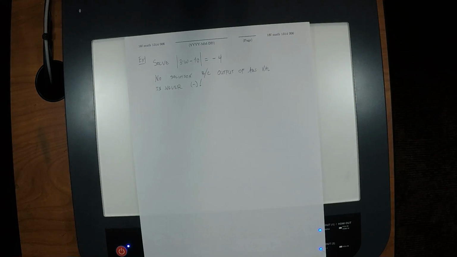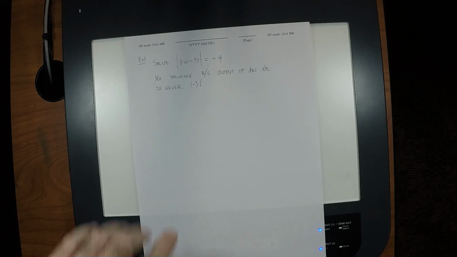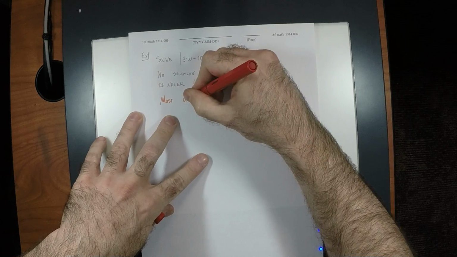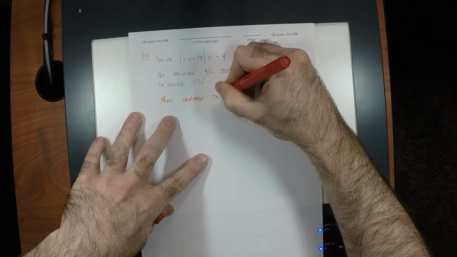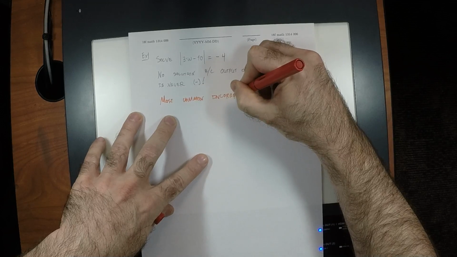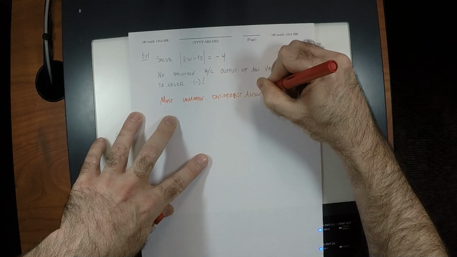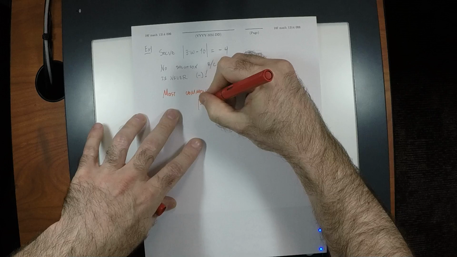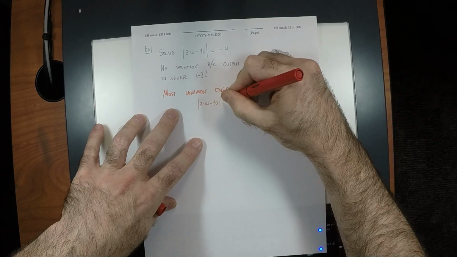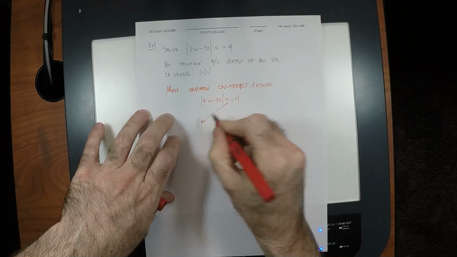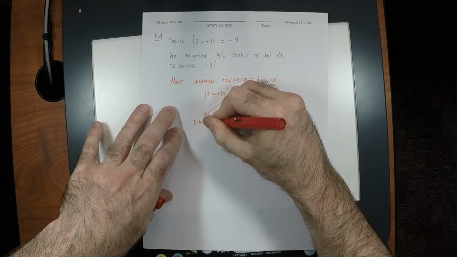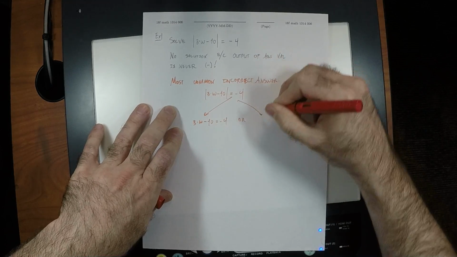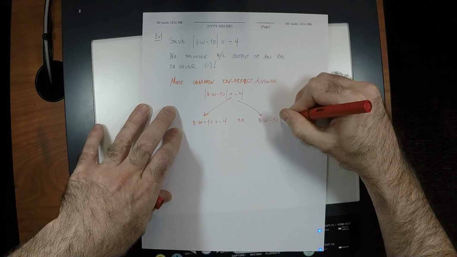All right. So nevertheless, I want to write something down. This is the most common incorrect answer. The most common incorrect answer to this is for students to treat it just like the previous one, to say, well, either 3w minus 10 is equal to negative 4, or 3w minus 10 is 4.